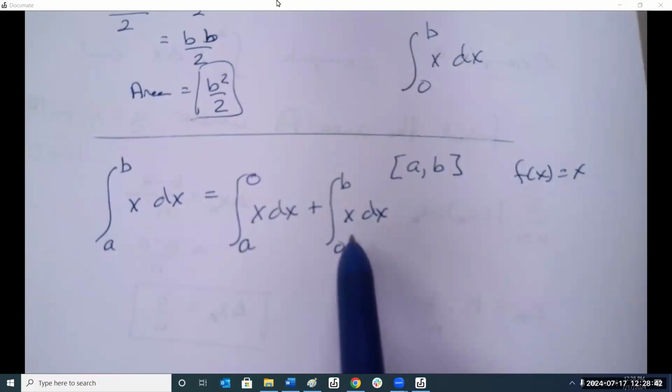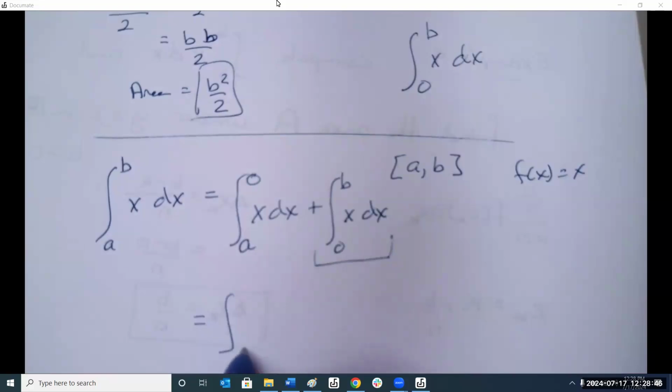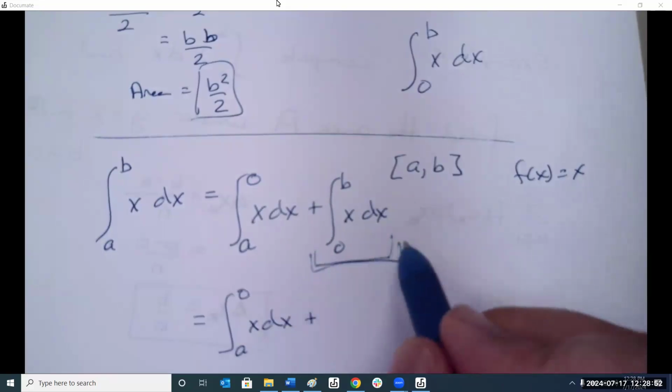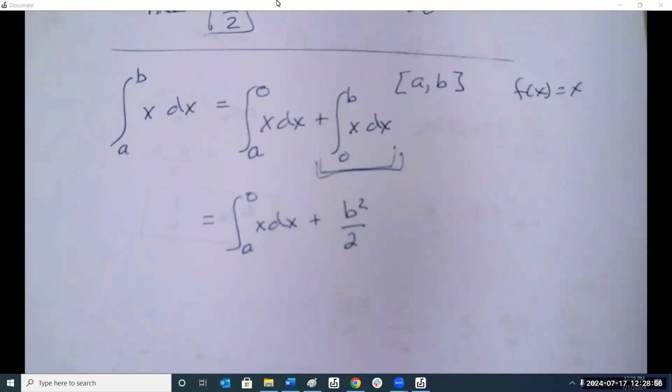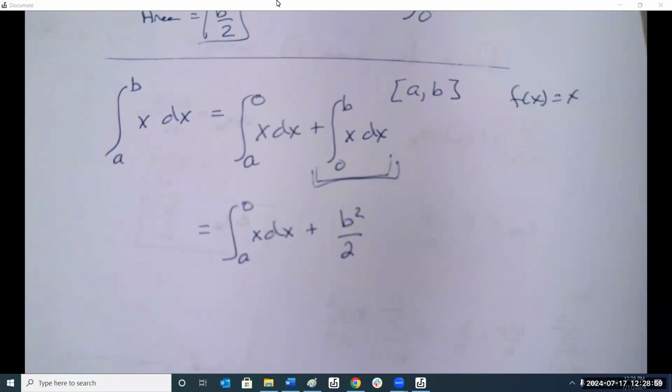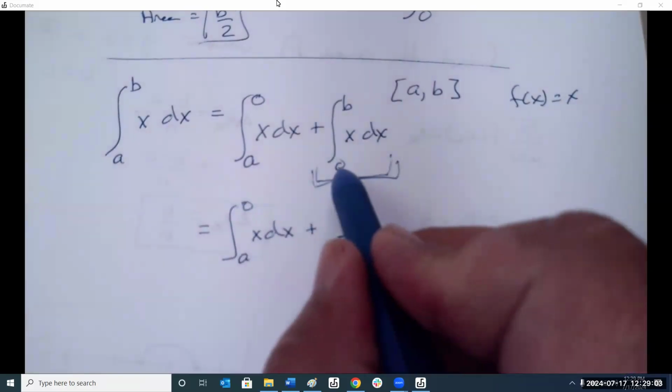The reason I did this is because we know what this side is already. We just calculated it as being B squared over 2, because it goes from 0 to B.